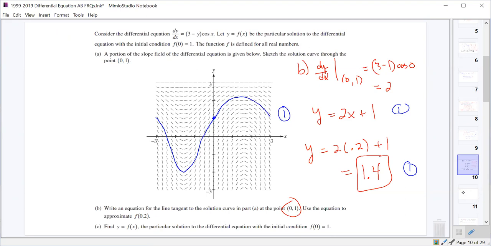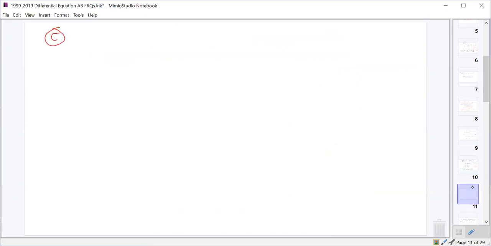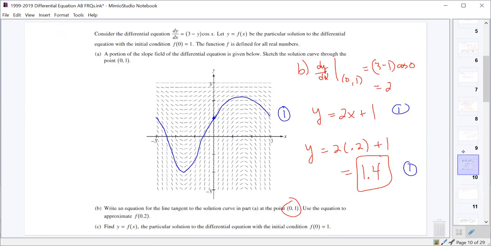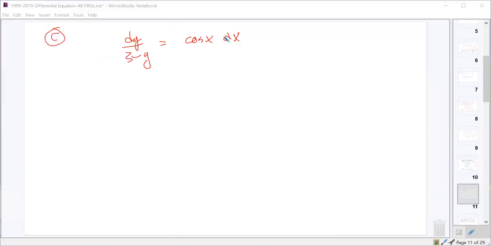So first off, we're going to separate our variables, and that's worth 1 point. So dy over 3 minus y equals cosine x dx. If we separate them, divide by the 3 minus y, multiply by the dx, you end up with this. This is 1 point for separating the variables.